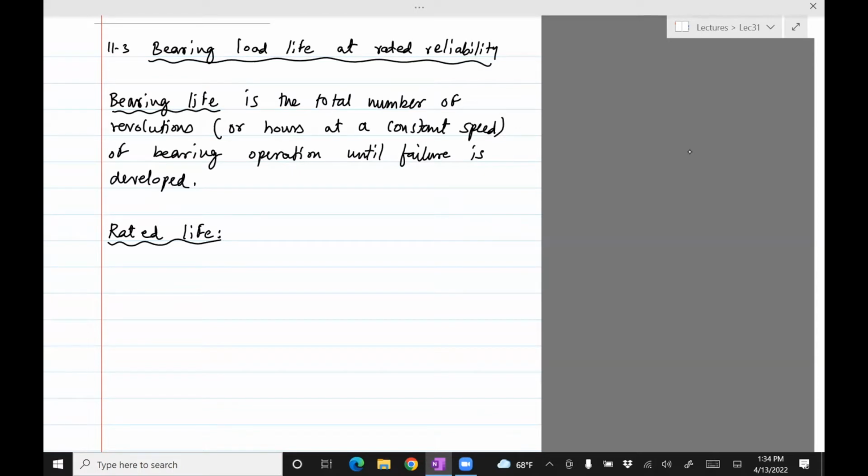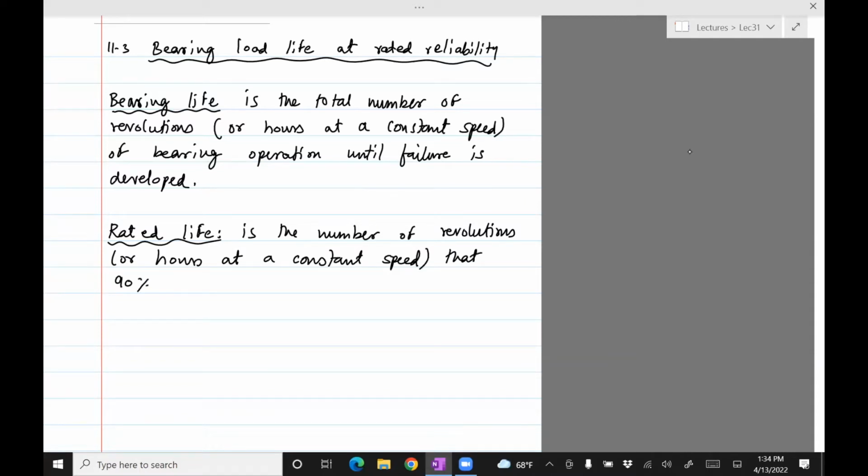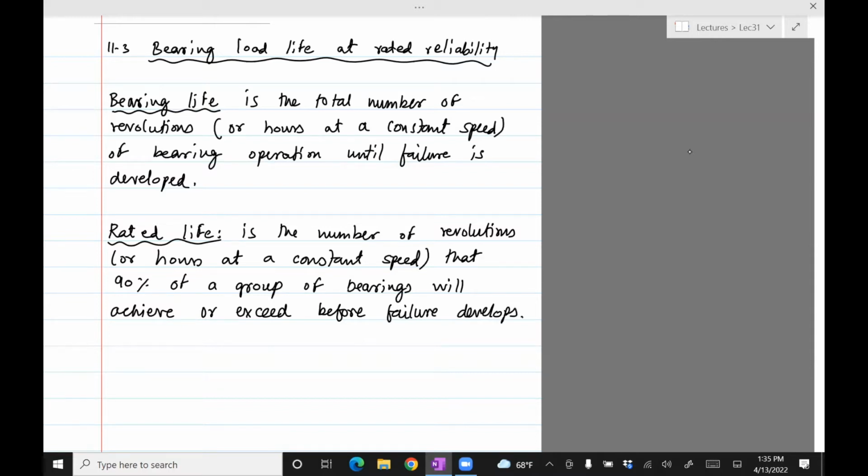This is the definition: the number of revolutions, or hours, at a constant speed, that 90% of a group of bearings will achieve or exceed before failure develops.